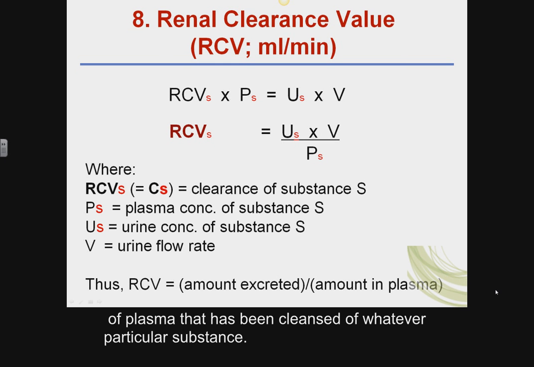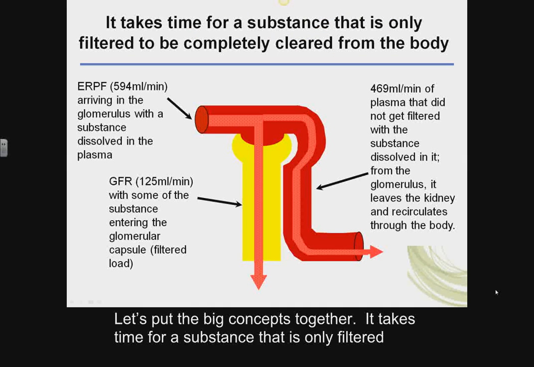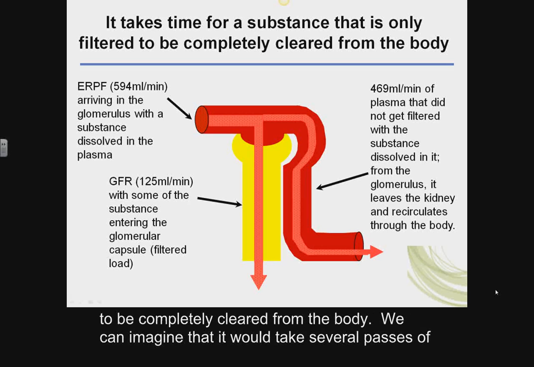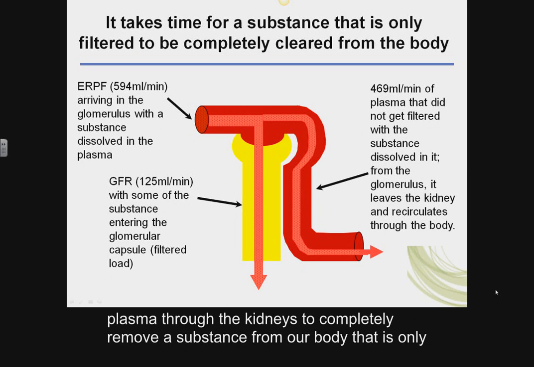Let's put the big concepts together. It takes time for a substance that is only filtered to be completely cleared from the body. We can imagine that it would take several passes of plasma through the kidneys to completely remove that substance from our body. That meaning it's only filtered and not secreted.